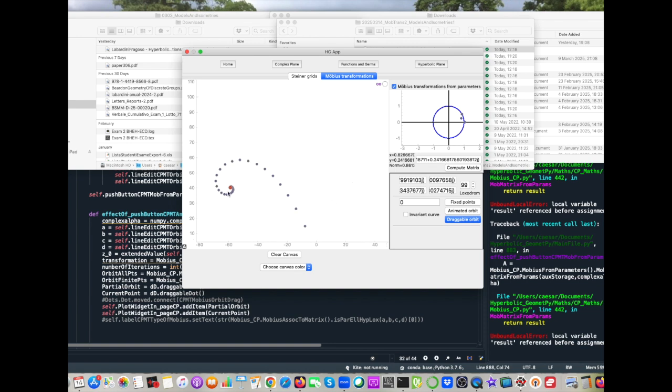Now it's kind of boring, right? Everything is just going to be here. So maybe more clear: that is me again. Compute matrix, and now maybe a draggable orbit.